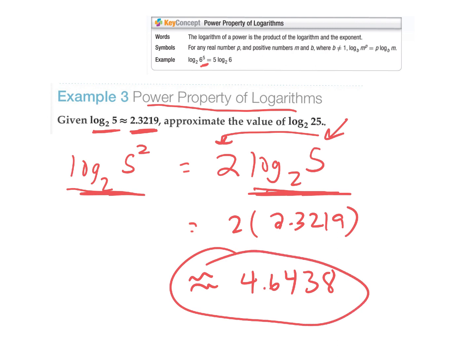So another way of figuring out a log is to change this number right here to an exponent of that number. And so I changed it to the 5, and that's how I created an exponent that I could put in front to do my multiplication.